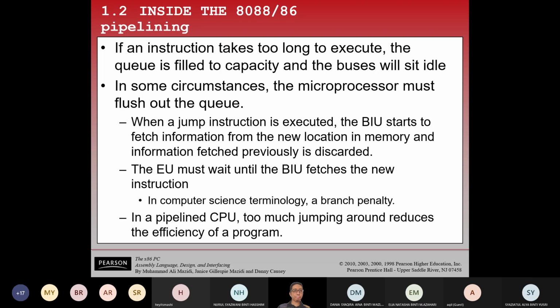The EU must wait until the BIU fetches the new instruction. This is called a branch penalty in computer science.